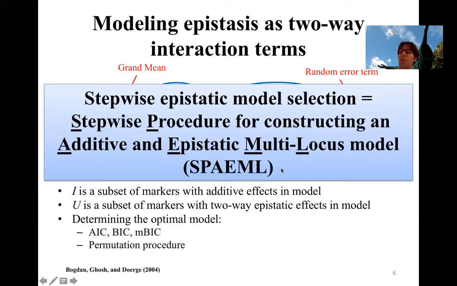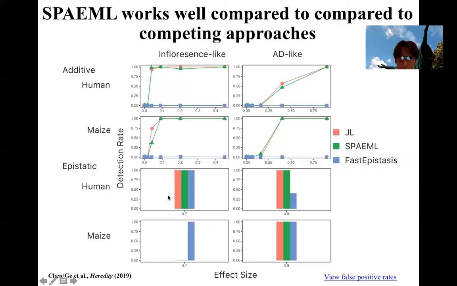So if you see the word SPAEML in the next couple of slides, we're referring to this model. What we did in a recently published paper was we took the statistical model for a test drive using simulation data, and we compared it to existing approaches that do not do as good of a job theoretically as accounting for epistasis.